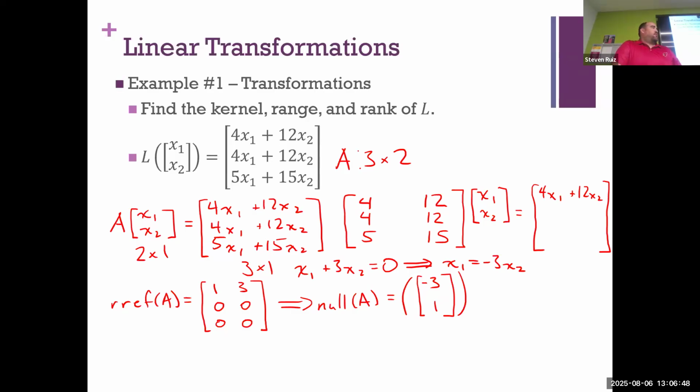So any questions on how we found the kernel? So the null space of A is equal to the kernel of the transformation that A represents. So these are equivalent ideas. Questions there? How about the range? What is the range of a transformation?